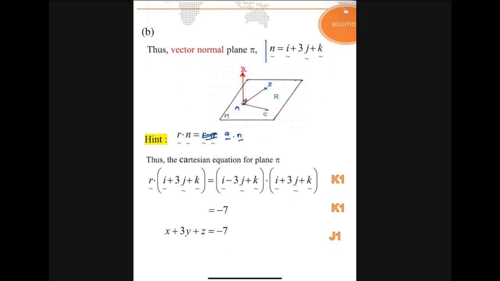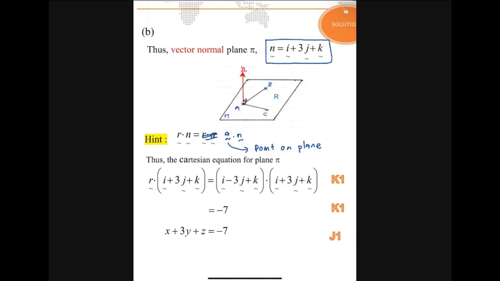Just now we already obtained our normal vector from question A. And a is any point on that plane. Just now we have 3 options of point, either point A, point B, or point C. You can substitute any point. Now one by one we substitute into the formula.